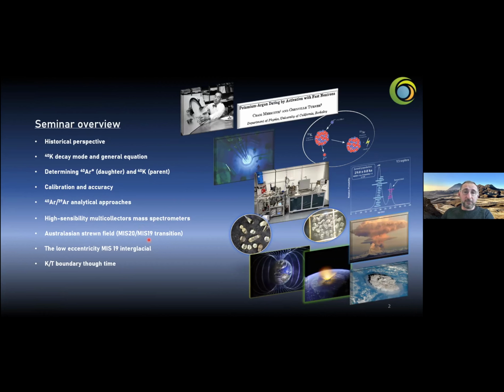And I will go through three specific examples of how this new high resolution mass spectrometer could change our life to understand and better control the duration and timing of relatively rapid climatic, environmental, but also extinction events, like the KT boundary.